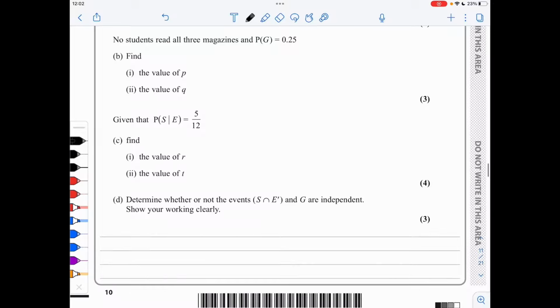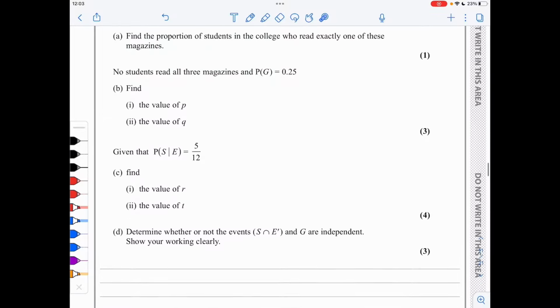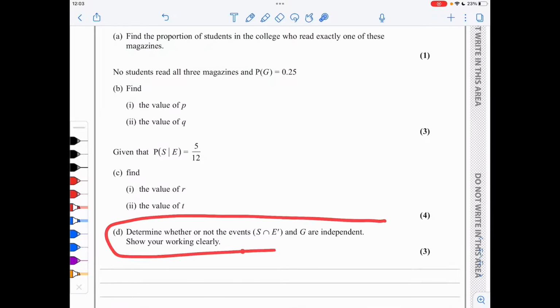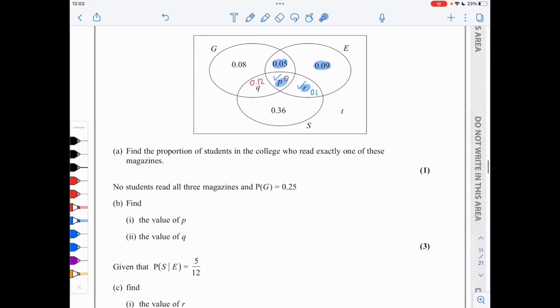And finally, part D, we need to determine whether or not the events S intersection E dash and G are independent. Well, S intersection E dash means that I'm in S but not in E, so I'm here. And the probability of G, we know it's 0.25.